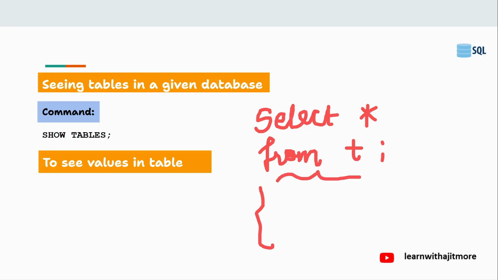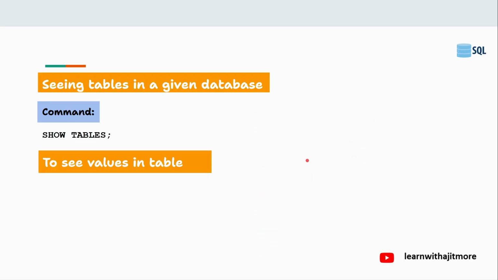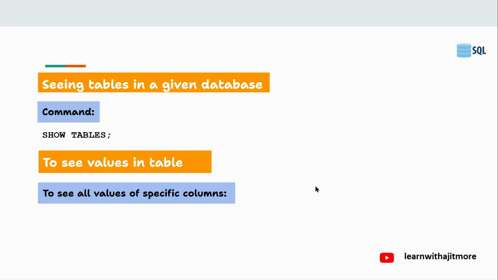All rows, all columns. Now if I want selected rows, then you have to use the where clause. We will be learning in one lecture, everything is not possible. Correct? Remember, Rome was not built in a night. बोलते हैं ना एक रात में नहीं बन गया. So gradually you have to learn. Correct? Everything is to be learned gradually. One day it is not possible. To see all the values of a specific column, mention the column name like that.